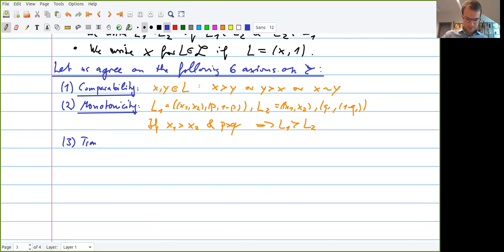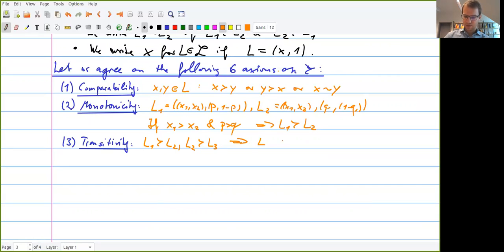The next one is transitivity. So what's the case here? Well, if I have a lottery L1, which I prefer over L2, and a lottery L2, which I prefer over L3, right?